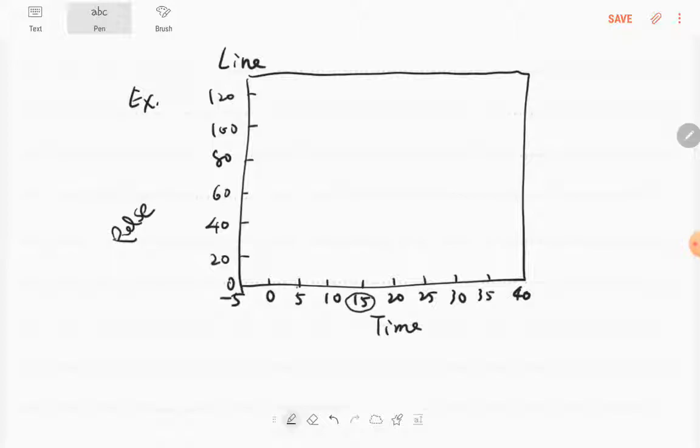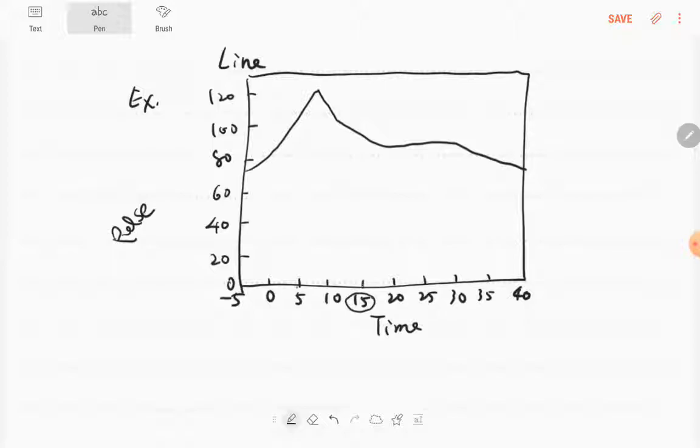Oh, sorry, I didn't finish this line graph. So for example, we have this, something like that. If we want to find the pulse rate 15 minutes after a cigarette is lit, first we find 15 minutes in our horizontal line, right? This horizontal line tells you the time.